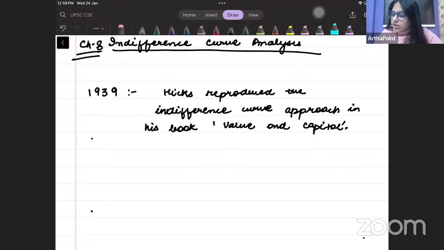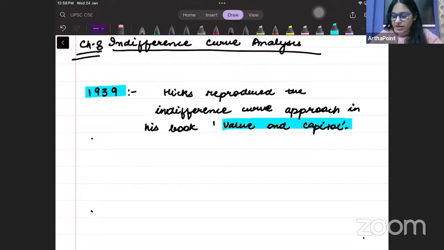In that book, Value and Capital, he talked about the indifference curve theory.